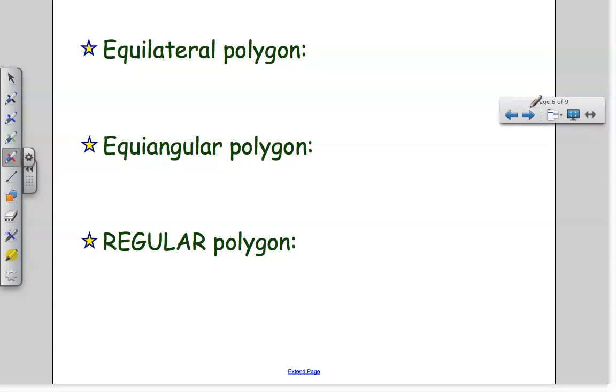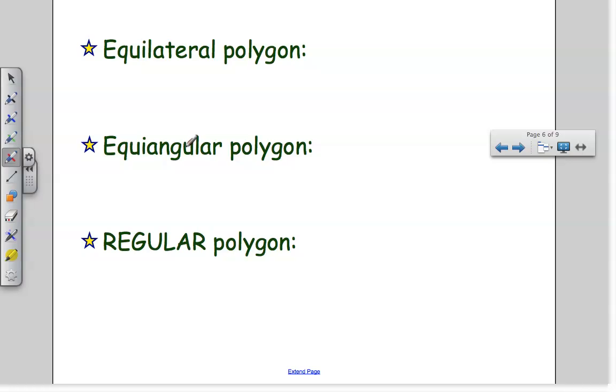A few more terms that we need to know are equilateral polygons, equiangular polygons, and regular polygons. Now, equilateral, you pretty much see the word equal in here. We'll come back to this one. We'll talk about this first. Equiangular, well, you pretty much see the word angle in here.